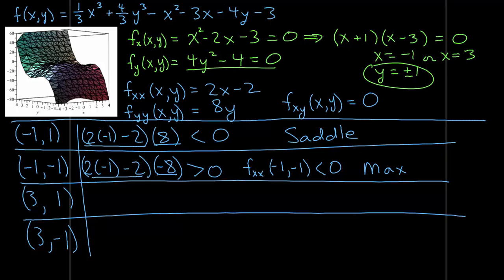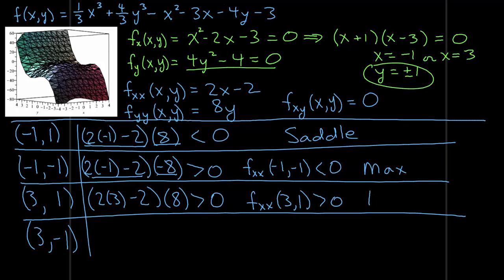Now let's look at this one here. We've got 2 times 3 minus 2, okay, that's positive, times 8 times 1, that's greater than 0. Ah, good. Okay, so now we have a max or a min, and if you notice that fxx of 3, 1, that's greater than 0, so it looks like we have a min.